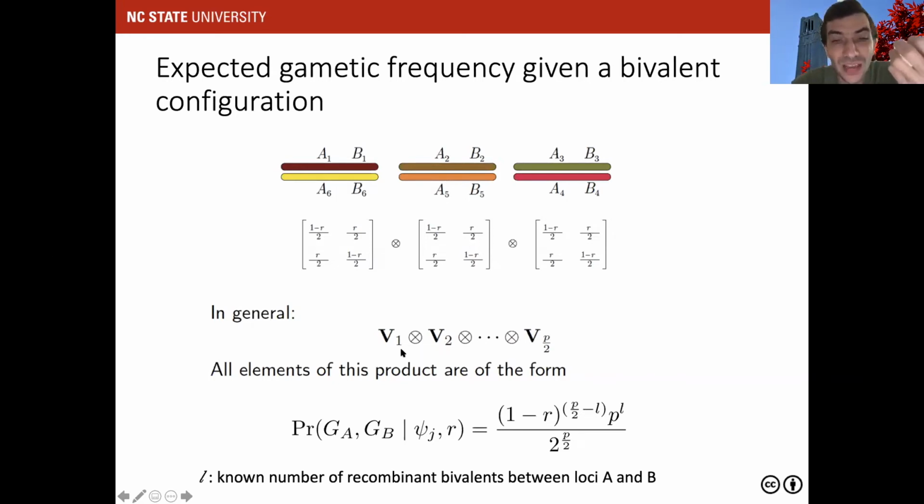So you can have any ploidy level, actually. You can have from 1 to 8, 10, 12, and this will work, okay? And we have this closed form. And in here we have the recombination fraction, the ploidy level, and the number of recombinant events we observed between the two gametes, the two loci.